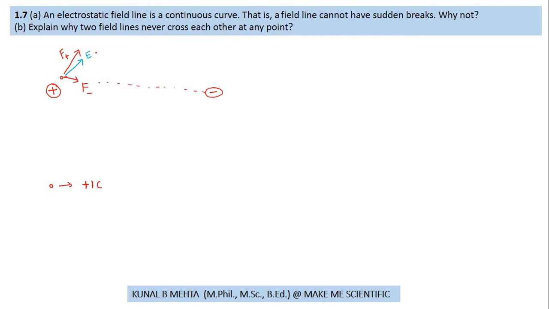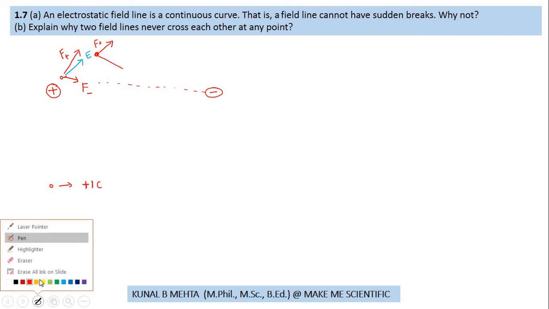Now suppose after following the blue arrow for some distance, the unit positive charge reaches over here. Now again, the positive charge is going to repel in this direction. This is F plus, and again the negative charge would be attracting in this direction.